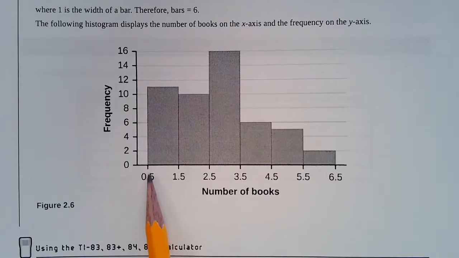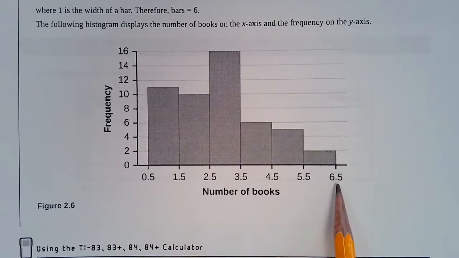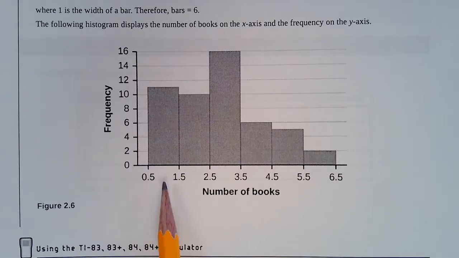So we do 0.5 plus 1, which gives us our next boundary of 1.5. Add another 1 and we get the next boundary of 2.5, and the next boundary of 3.5, all the way up until we hit our ending point of 6.5. Then we look through the data and see how many data points fit within each class.